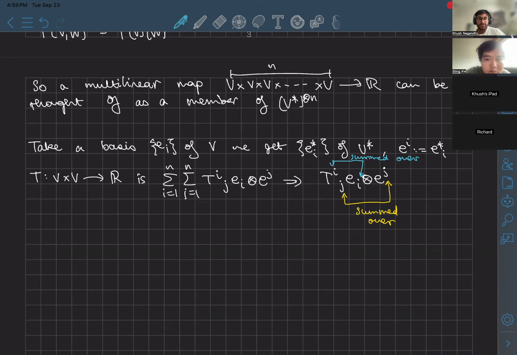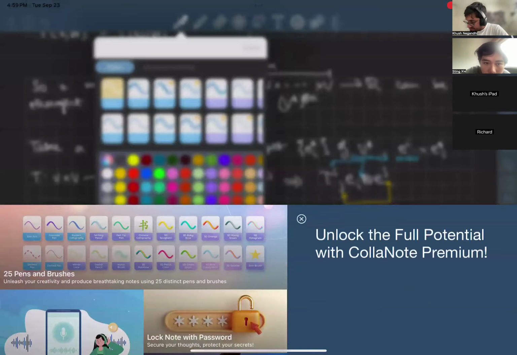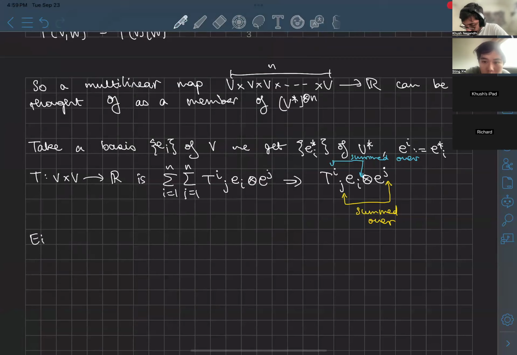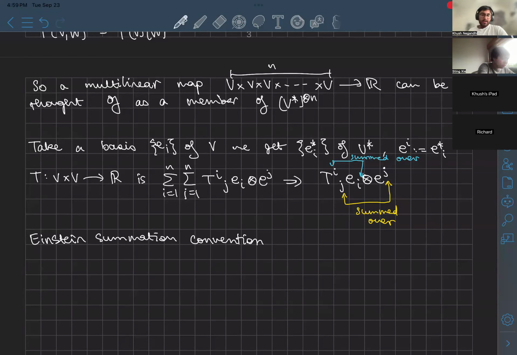Okay. So you sum over i, sum over j. This is called Einstein summation convention. I will admit, initially it's going to be very hard to keep track of what's happening, but over time, the more you use it, the more you'll see that it's actually very useful.